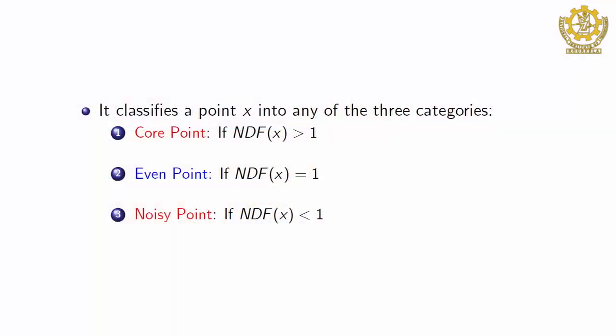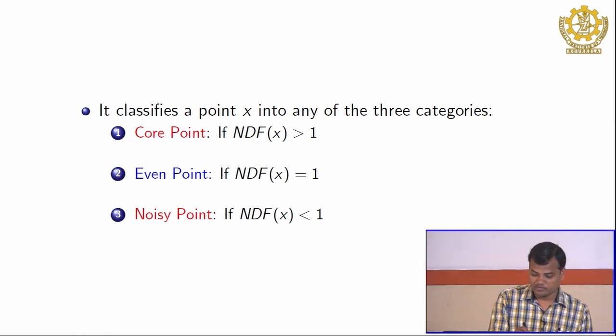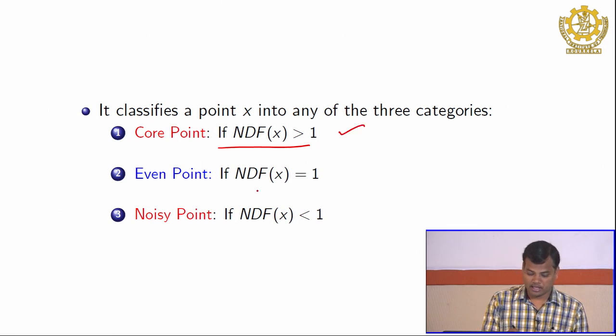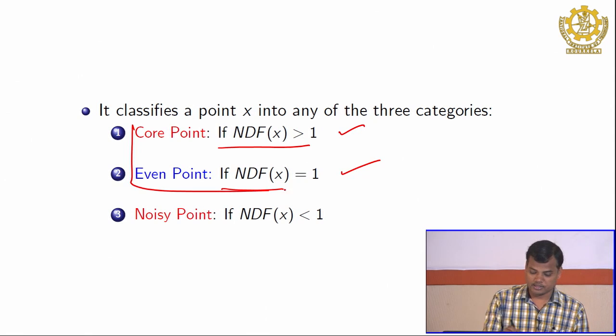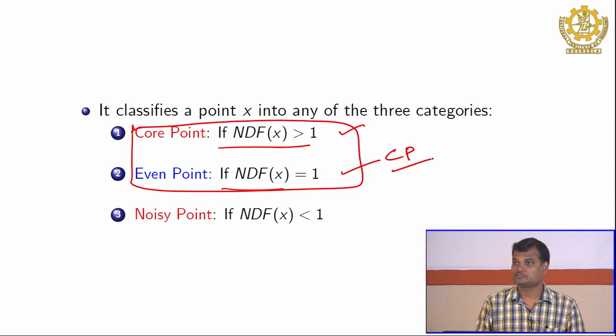Now, based on the value of the NDF, we define three categories of points. If the NDF value is greater than 1, that point is a core point, and if the NDF value is exactly 1, then we say it is an even point. These 2 point categories are called cluster points, because both have almost the same importance.